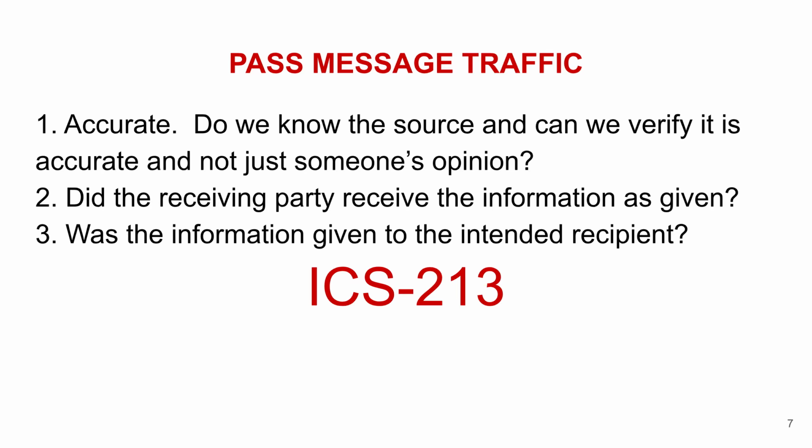Did the receiving party receive the information as given? Was the information given to the intended recipient? One of the tools that we have is an ICS 213 form, and it is a valuable tool to use no matter what method we use to transmit our information. Without all this, valuable time can be wasted in an emergency.